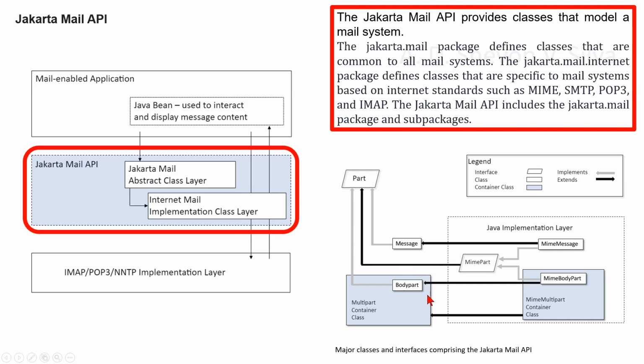The BodyPart class is an abstract class that implements the Part interface in order to define the attributes and content of the body. It defines the attribute and content body definitions that Part declares.